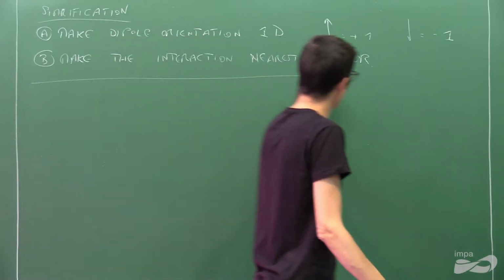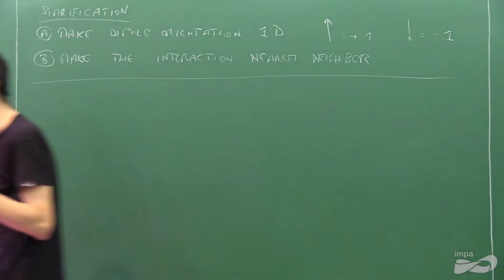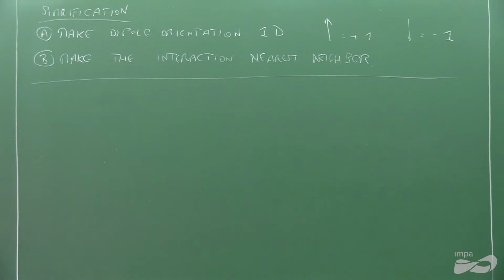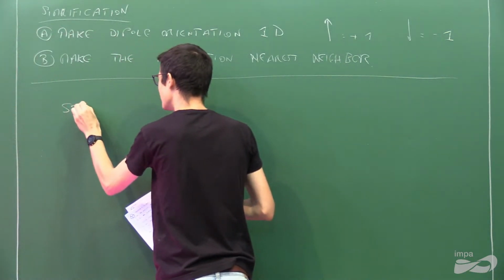So now, once I've said that, I've basically almost defined the Ising model. What I have to introduce now is the basic way to define a model in statistical mechanics. Generally, what do you do?